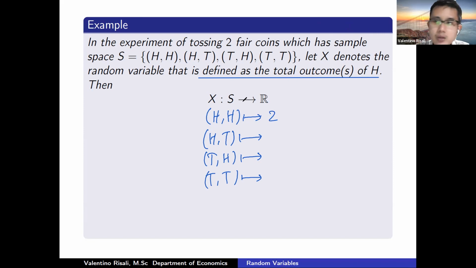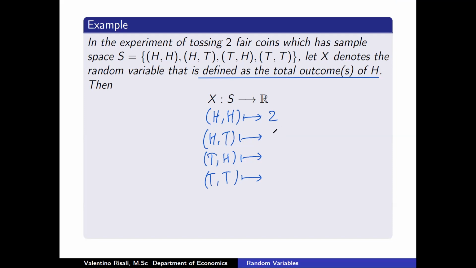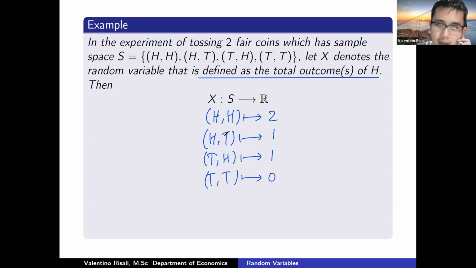Owen, could you continue your answer for the next one? 1, and the next one is 1 as well, and the last is 0. 0, right? Thank you, Owen. It corresponds to 1 because there is only one H, and similarly for this element, and for the last element, because we don't have H, we correspond it to 0.